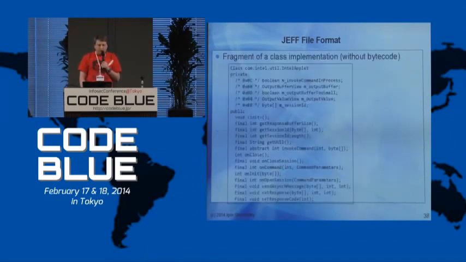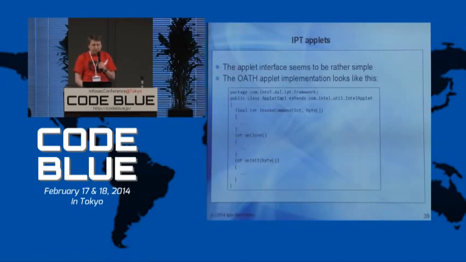So for example, this is the interface which is used to implement the applets which are loaded inside. You can see that there are some methods that you can implement in this. And this is one of the applets that Intel provides for implementing two-factor authentication. And you can see that it implements the methods invoke command, on close, on init, and so on.